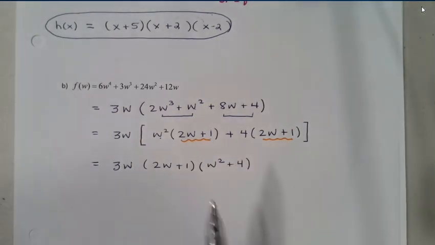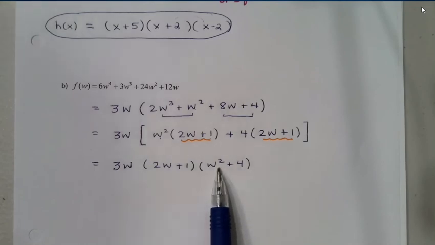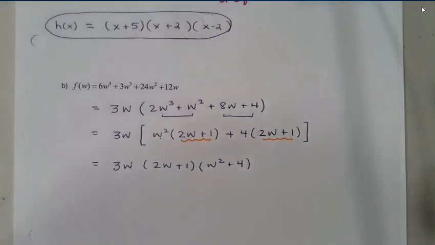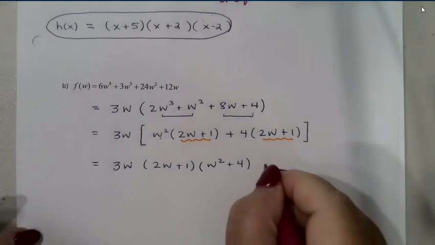As long as one of my factors still has a square in it, I always ask myself if I could go any further. But in this case, the answer is no. Remember that the difference of squares is factorable, but the sum of squares is not. Just reviewing a little bit from the last unit.